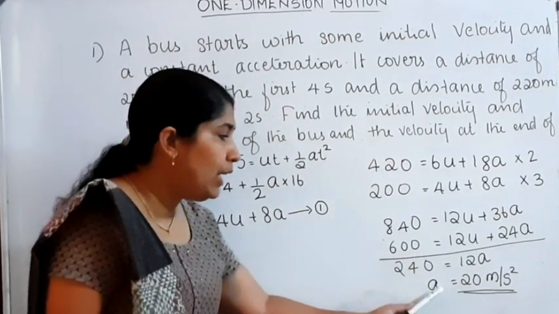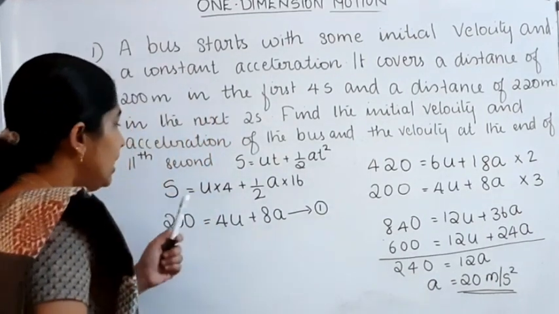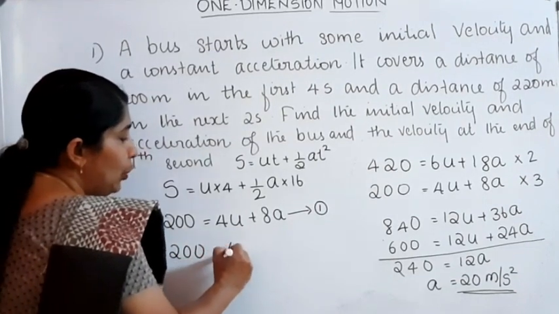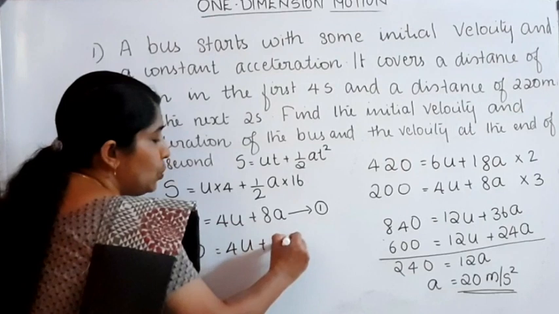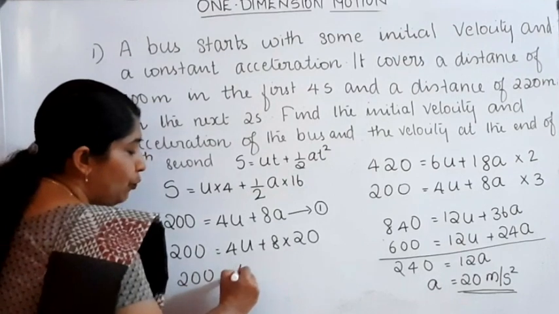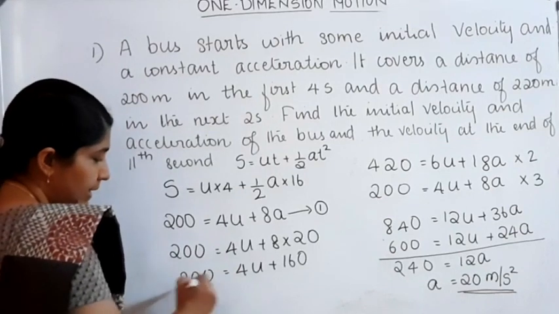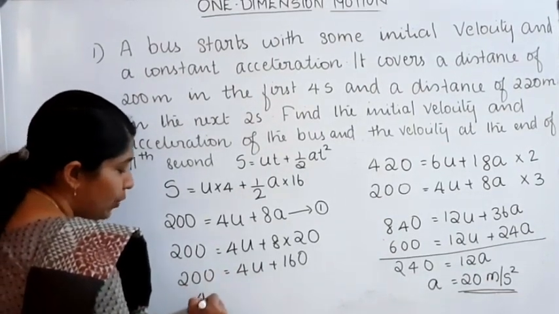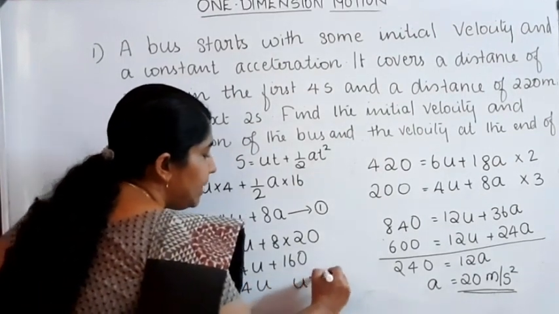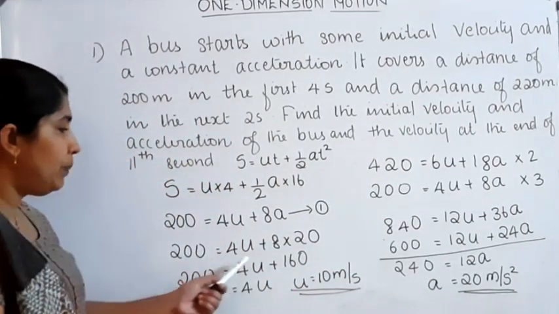Now we can put the value of acceleration a is equal to 20 meter per second square in equation number 1. Then 200 equal to 4u plus 8 into 20, that is 200 equal to 4u plus 160.